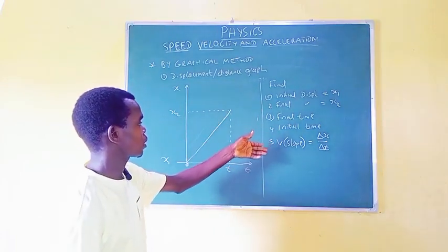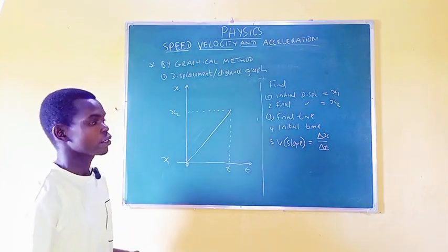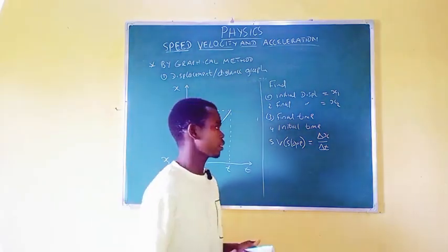These are the parameters we can find using the displacement time graph. So let's talk about the velocity time graph.